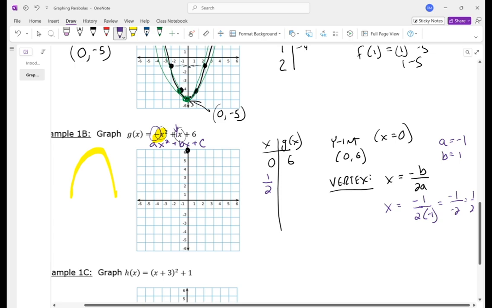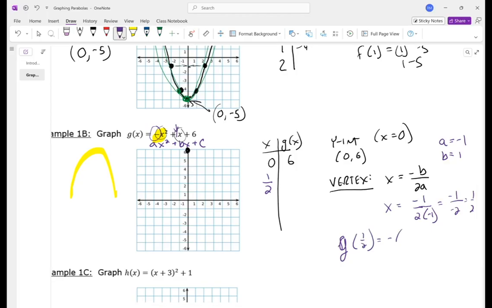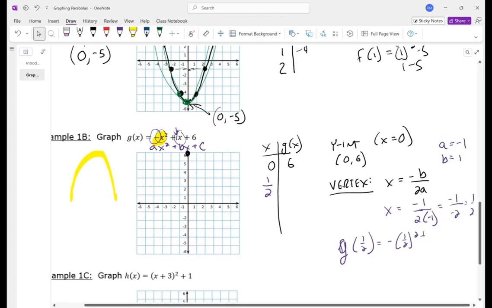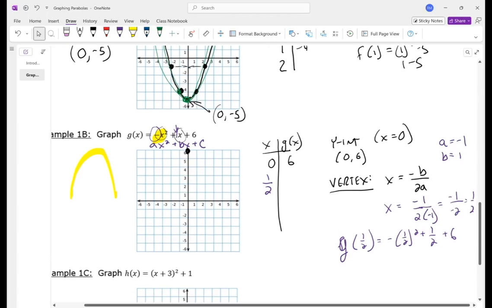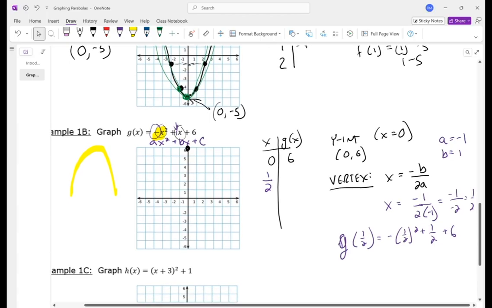And then I would need to plug in 1/2 into my function, which is g. Positive 1/2. And I would get -(1/2) squared plus 1/2 plus 6. Now that's not very much fun.